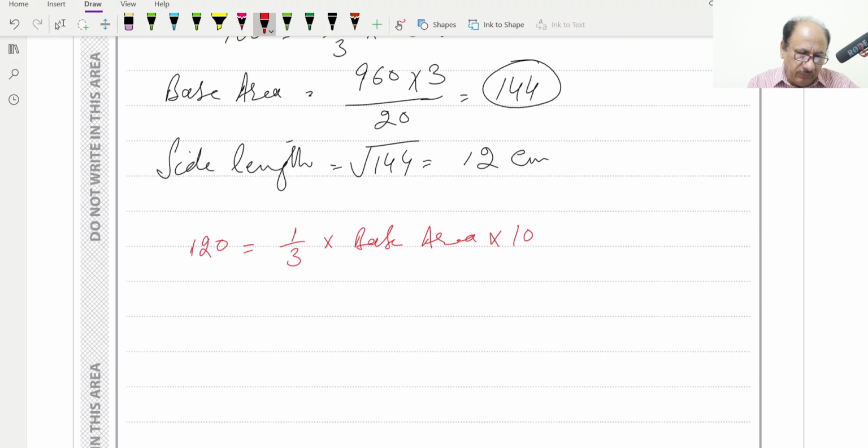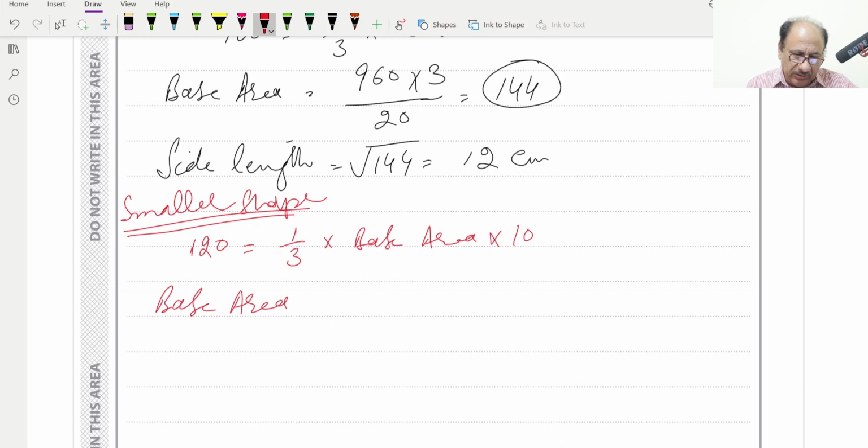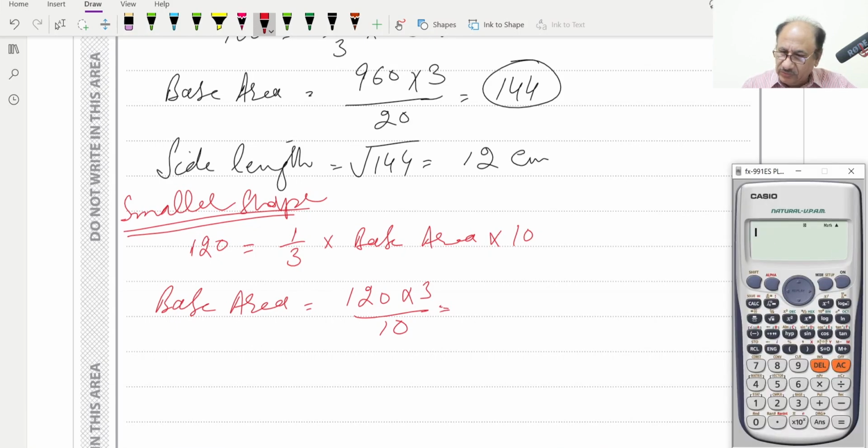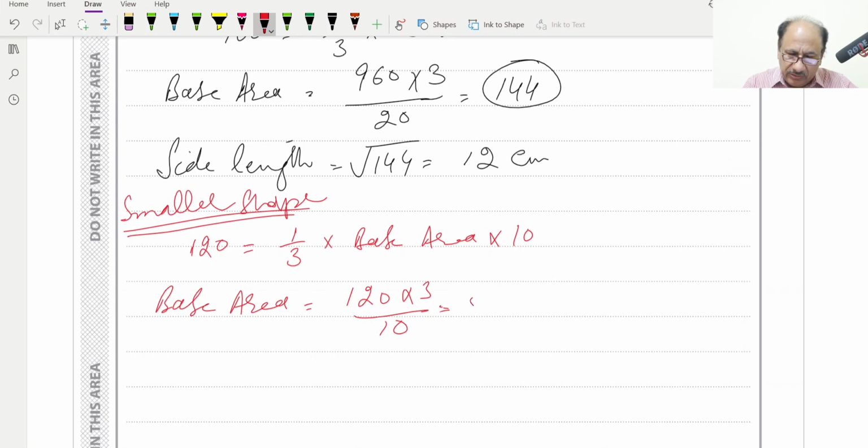So now again, the base area of the smaller shape. This will be base area equal to 120 into 3 divided by 10, and we can simplify this. The fraction 120 into 3 divided by 10 will be equal to 36.